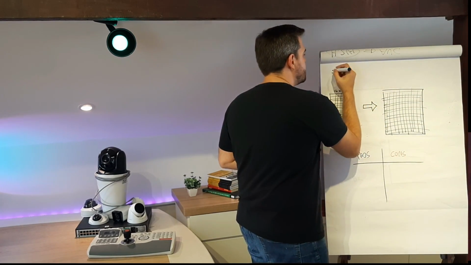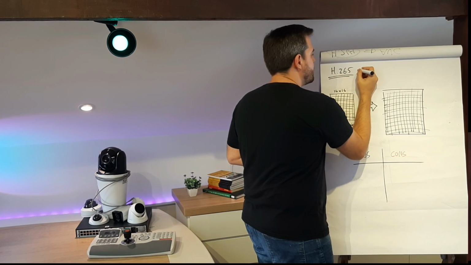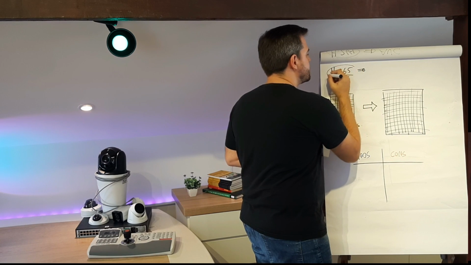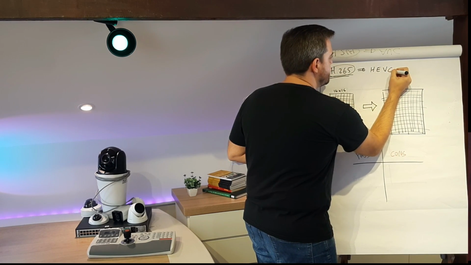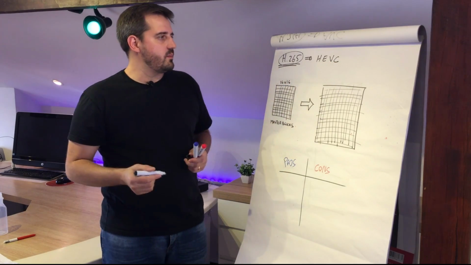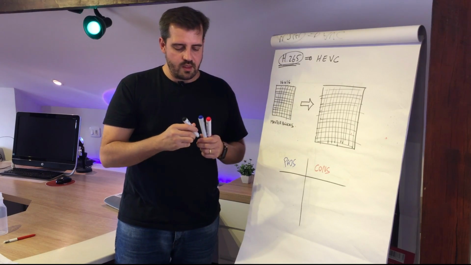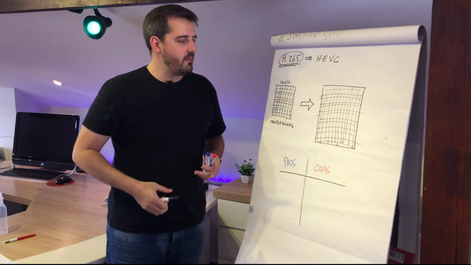Okay, so let's jump to H.265, also known as HEVC, which is High Efficiency Video Coding, which is basically the same codec family.